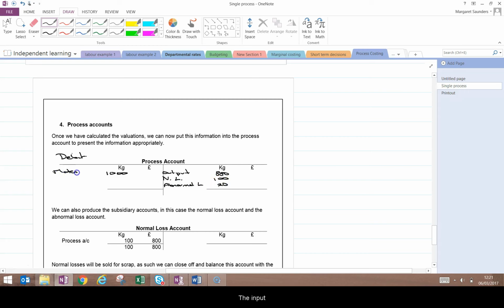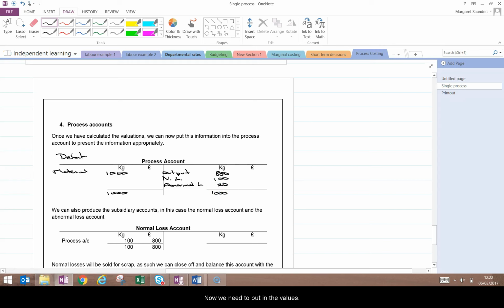And we input 1,000 kilos of material. So we can see our kilos add up to 1,000 kilos on the left hand or the debit side, and they also add up to 1,000 kilos on the credit side.